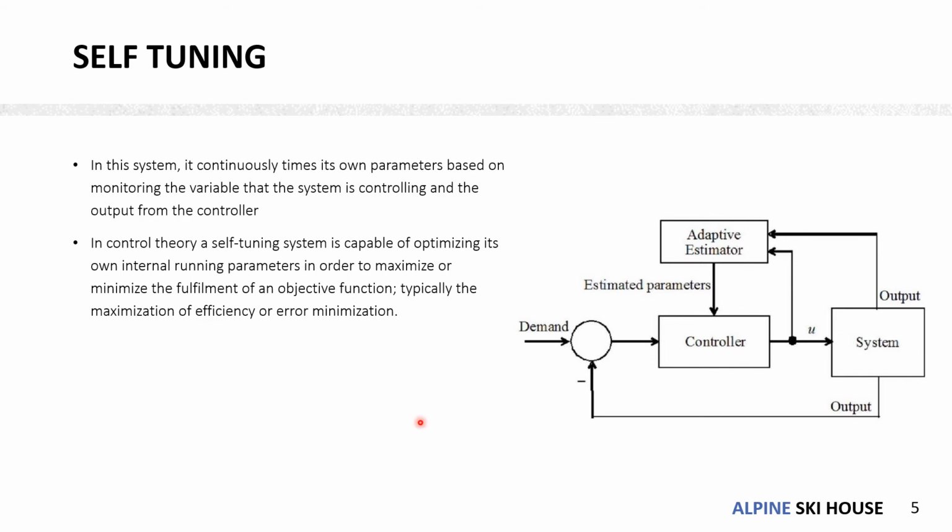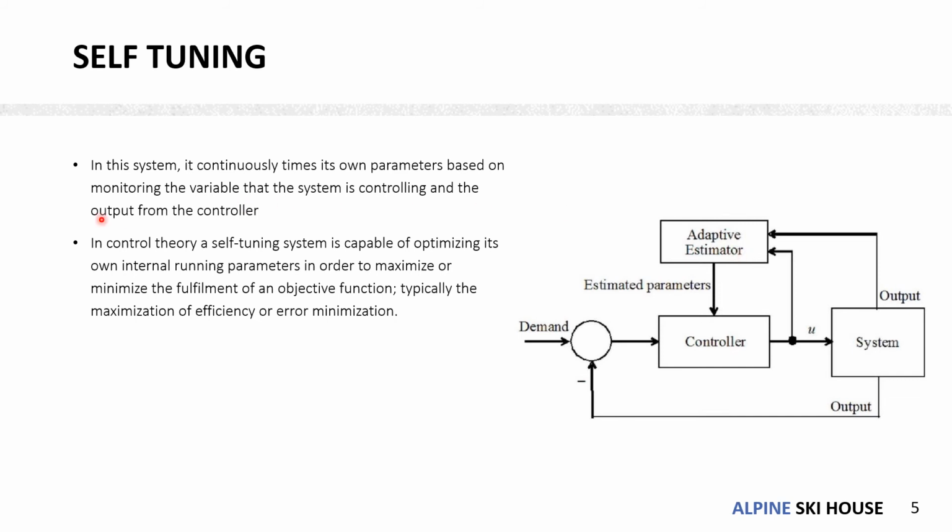Similarly, in this case also, as you can see in the diagram, the adaptive estimator receives the input signal to the system as well as the output signal from the system or the process. Based on the difference between the actual output and the required output, the adaptive estimator manipulates the input variables so as to obtain the ideal output, or to reduce this difference.